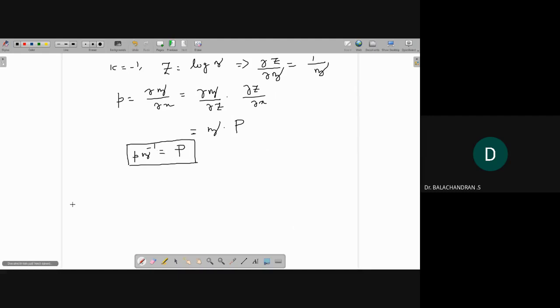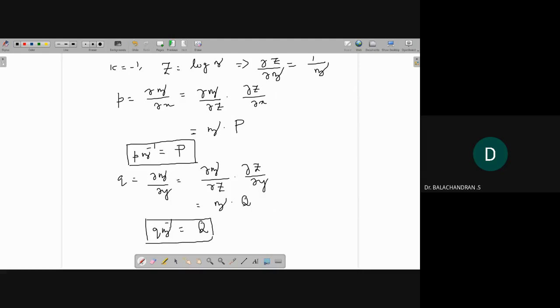Next, similarly for q, dou z by dou y equal to dou z by dou capital Z into dou capital Z by dou small y, which is again z into capital Q. So Q into Z power -1 equal to capital Q. Now, what is on the previous page?